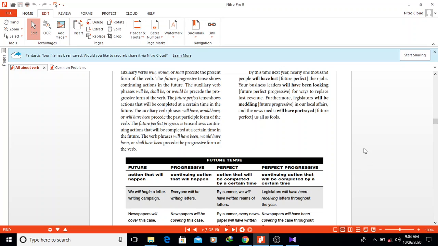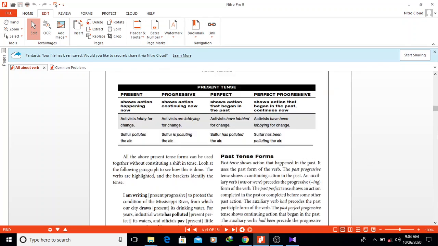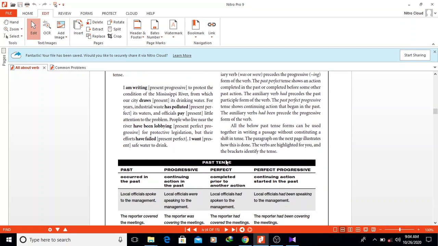Okay, so here you can see, if it's present tense, there is simple present, present progressive, present perfect, and present perfect progressive. If it's past tense, there is simple past, past progressive, past perfect, and past perfect progressive.